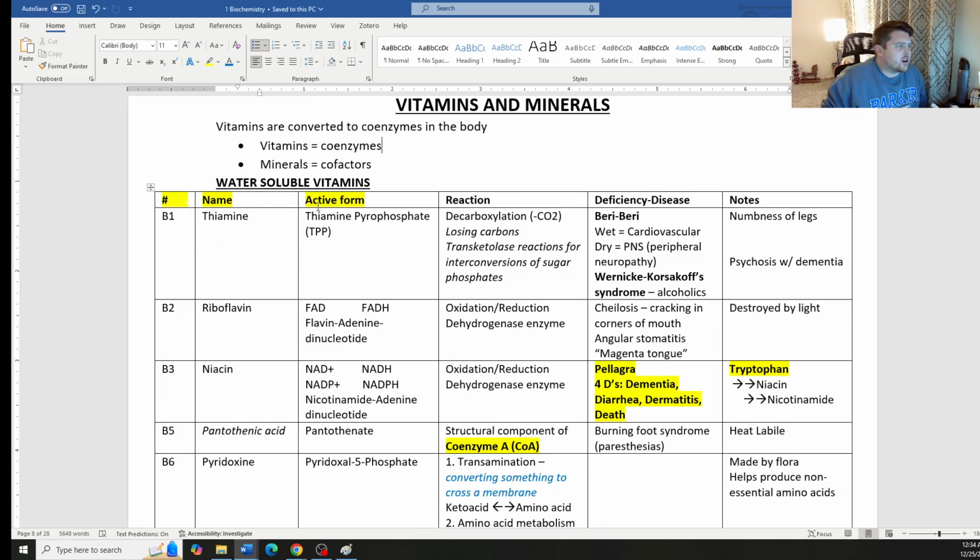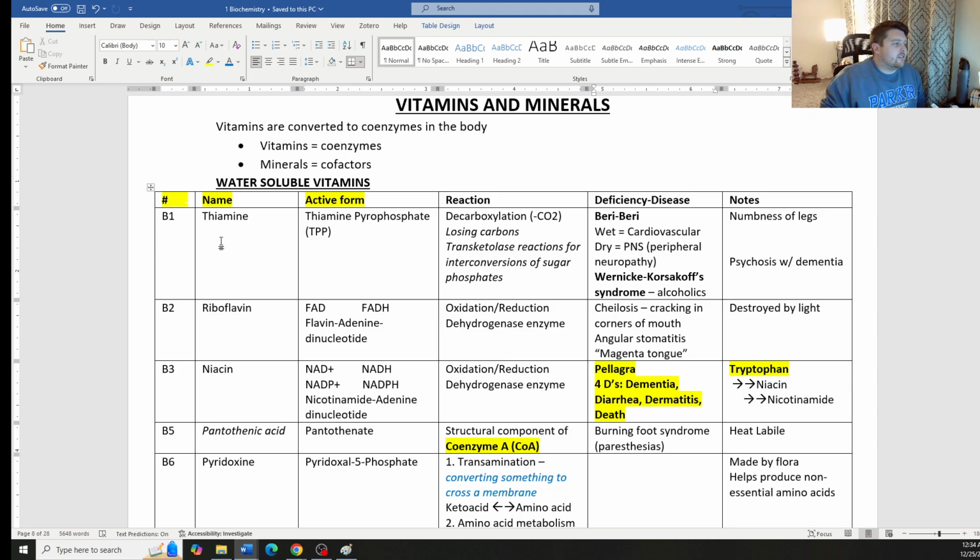The third and fourth rows, the active form and the reaction type, those tend to be the main focus for our biochemistry questions. The disease and deficiency type notes, these last two columns, this is what tends to be the more pathology, physiology type questions, okay?